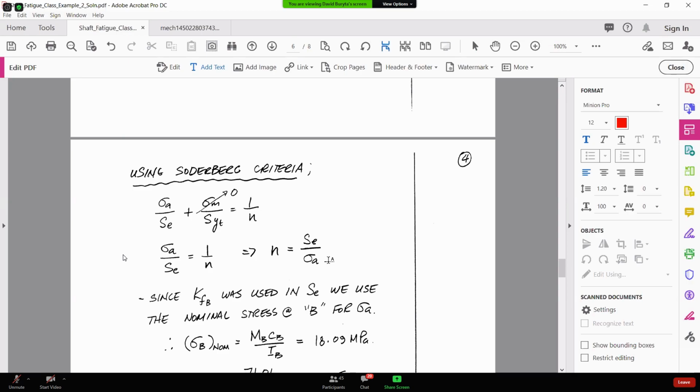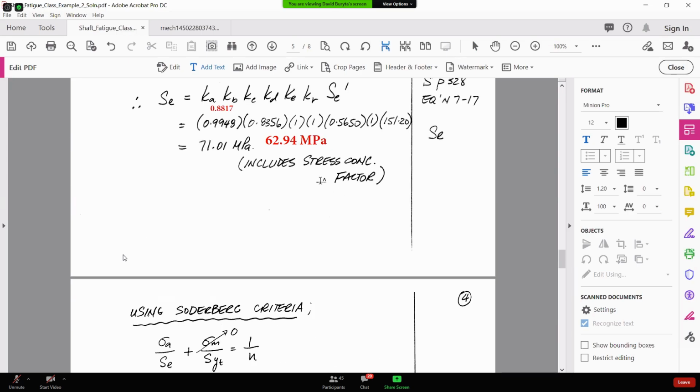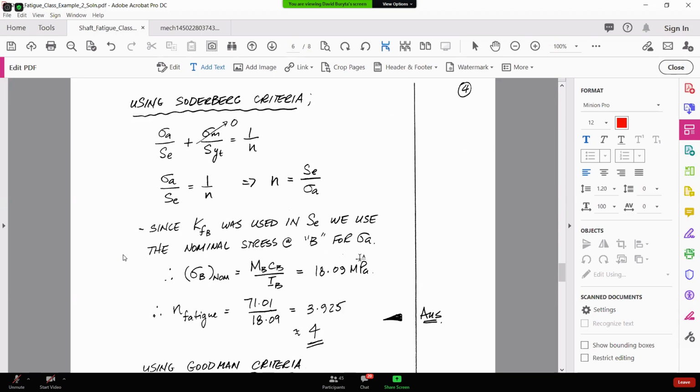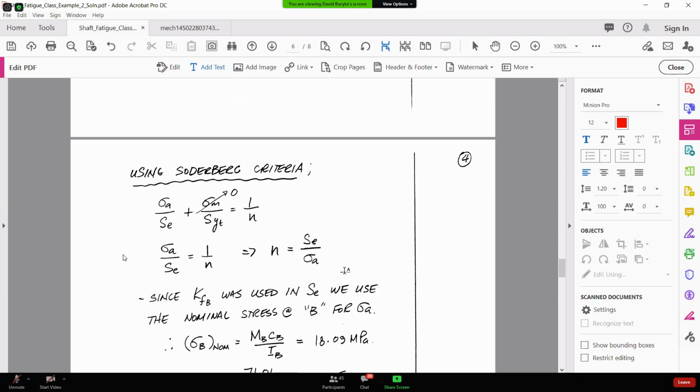I put it in one or the other. So if I left it out up here, then I would use the maximum stress for my sigma a, right? So here you can see I've calculated the nominal stress at point B for that shoulder, all right? And then I took the ratio of what I got, okay?